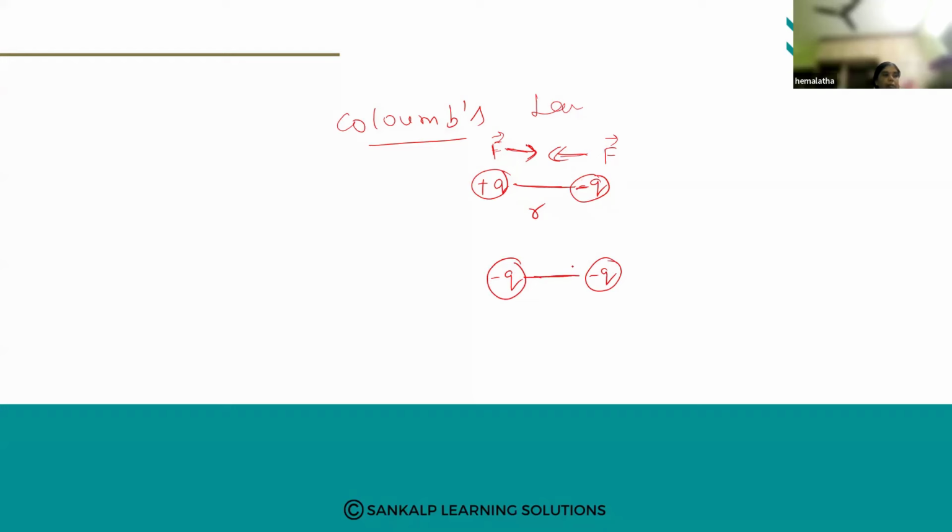Like charges means repulsive force. It moves away from this one. This is the direction of the force in this direction, and here it is this. Okay, it will move away. So it is not attraction, in this case the force direction is moving away. Okay, this is the direction of the force, because we have to represent the direction of the force also, since it is a vector quantity. You know what a vector quantity is, it has both magnitude and direction. Force is a vector quantity.